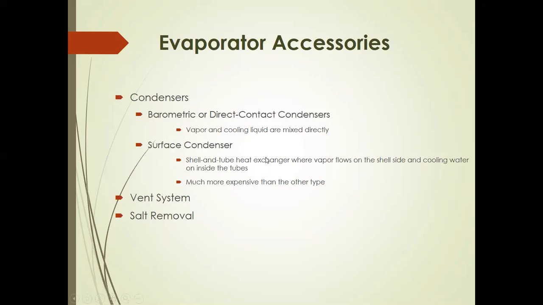The vapor that is to be condensed flows outside the tubes, on the annular spaces outside of the tube, and the cooling medium flows inside the tube. Now, this is much more expensive than the other types of condenser.